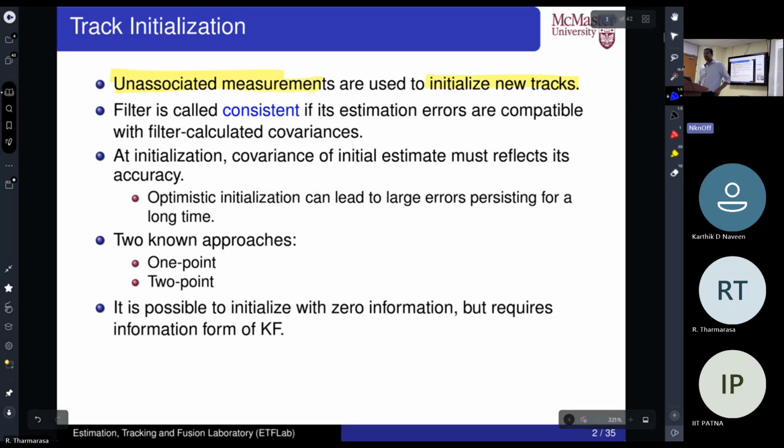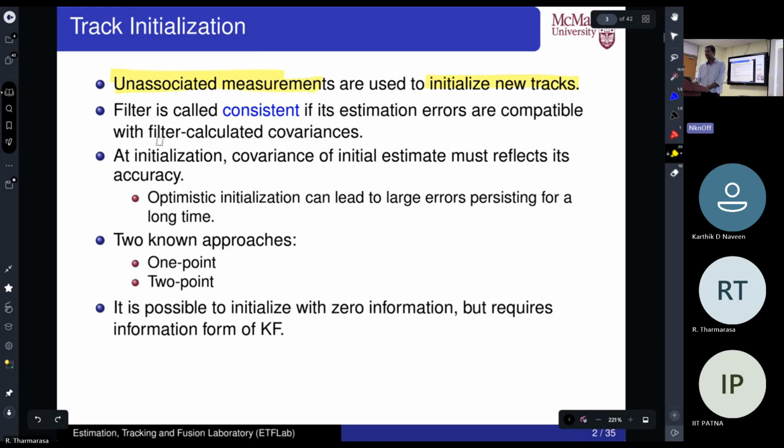Okay, with that, I believe you understand initialization. That's the main thing about initialization. I can now quickly go through the initialization and then talk about the other thing later. We say that it should be consistent.